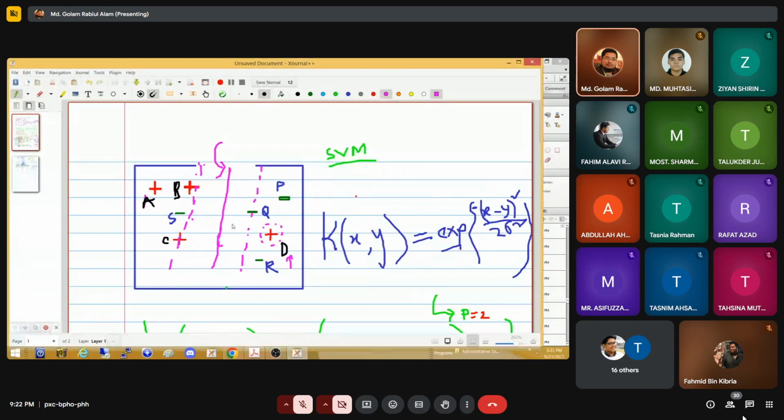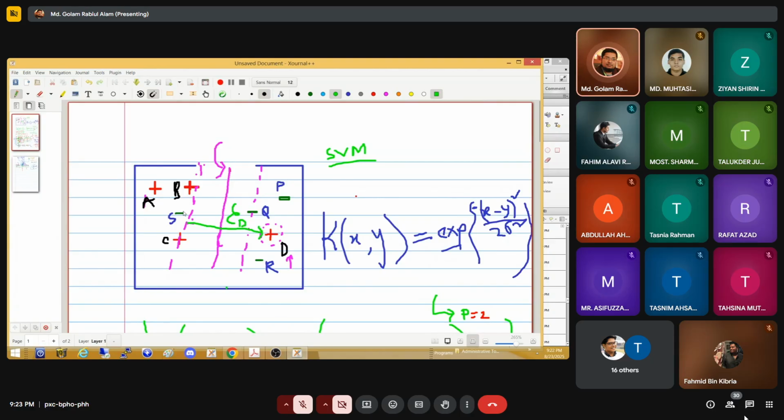So for the positive misclassification, we compute the length from the positive gutter to that point, from here to this distance. This is our slack for D.